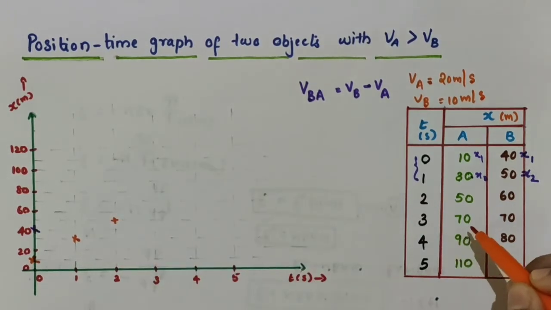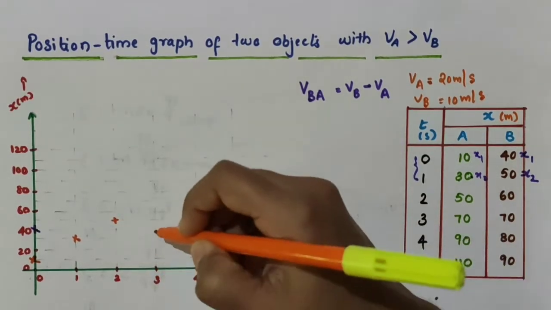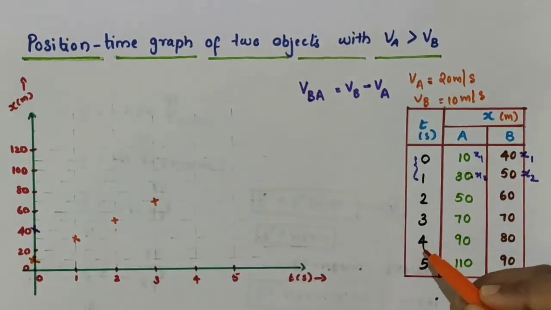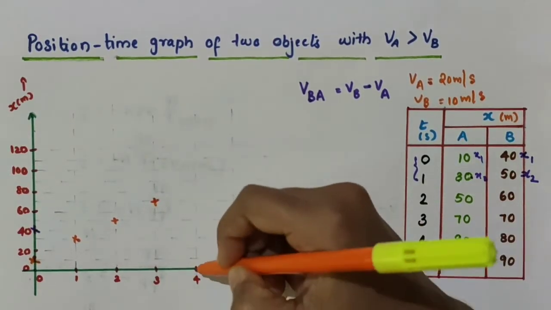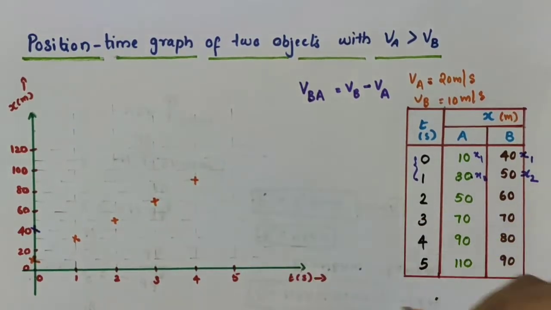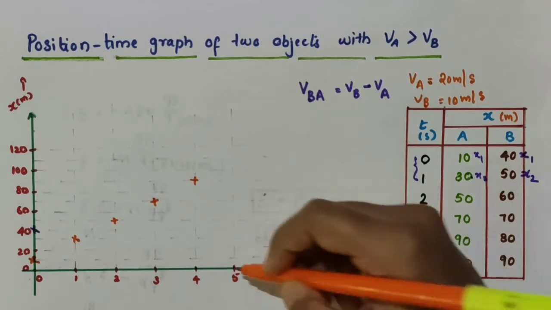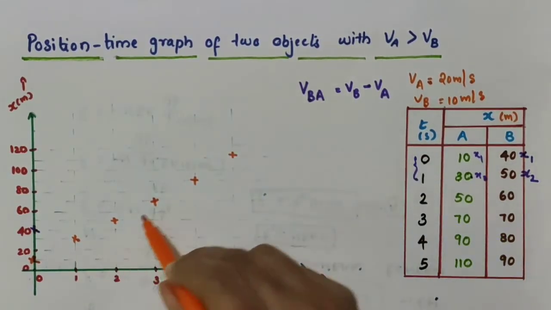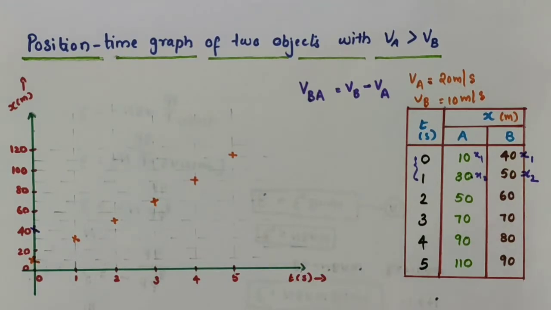Then t equal to 3 seconds, 70. T equal to 4 seconds, 90. 90 will be somewhere here. Then 5 seconds, 110 meters. So we got these points here. We just want to join all these points.